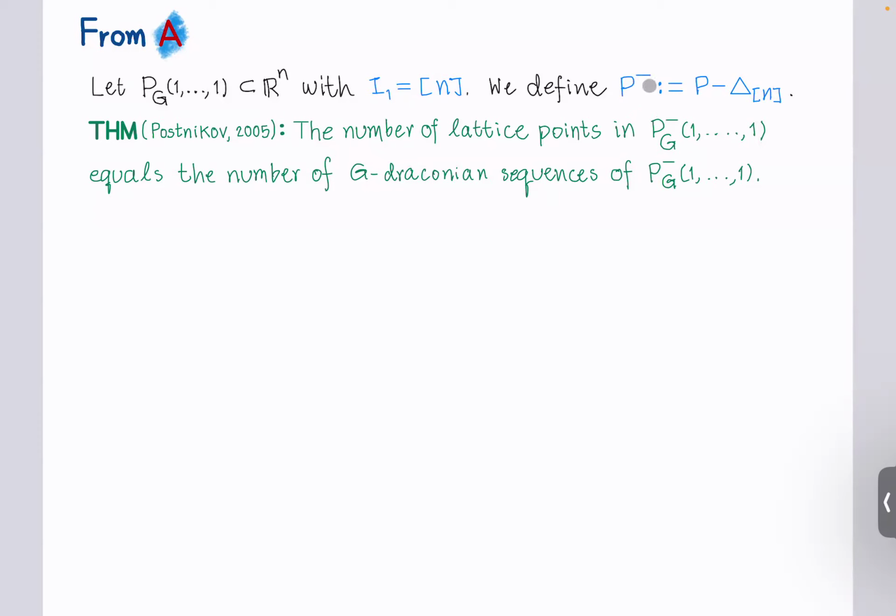The trim of P, because you subtract it by the simplex Delta_[n]. Postnikov's proof shows that the number of lattice points in the trim of P_G equals the number of G-draconian sequences.